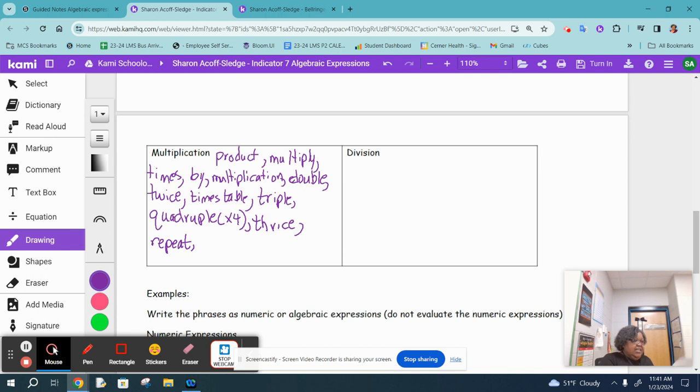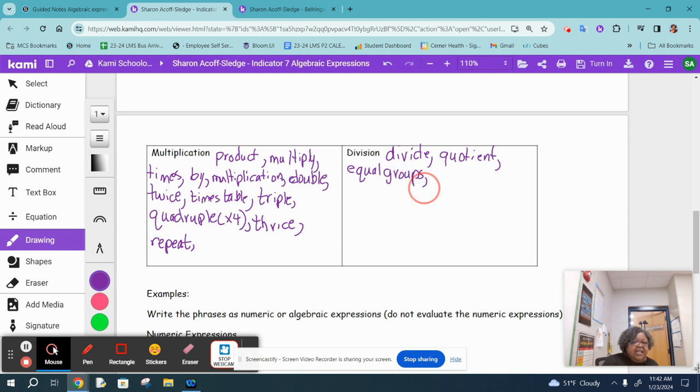Okay, division. So divide or divide by. And another word, quotient. Quotient means divide. Give me some more. It wouldn't be takeaway. Did we do equal groups? Yes, equal groups is division.